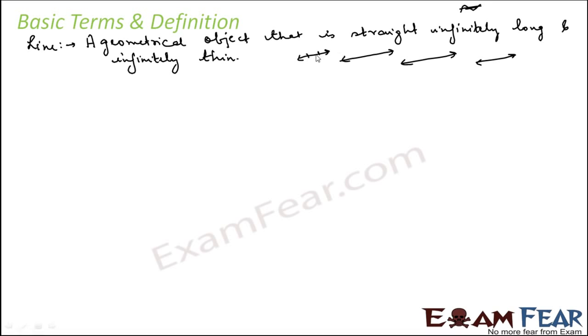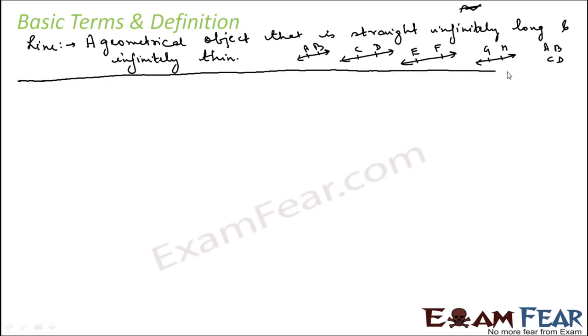Even if you mark some points AB, CD here on the lines to denote them, you can represent these lines by AB, CD, EF, GH. But beyond point A it is extending, beyond point B it is extending, beyond point C and point D it is also extending. So there is no fixed length: infinitely long, infinitely thin. That is the definition of a line.